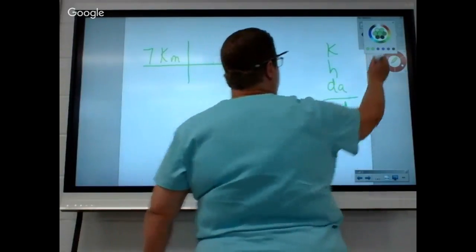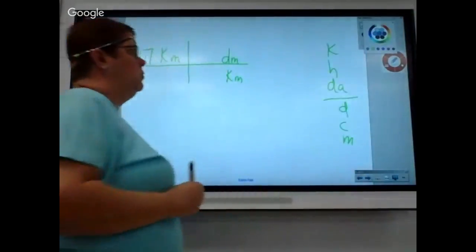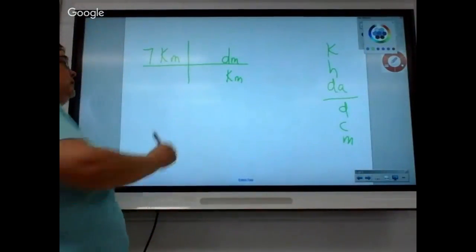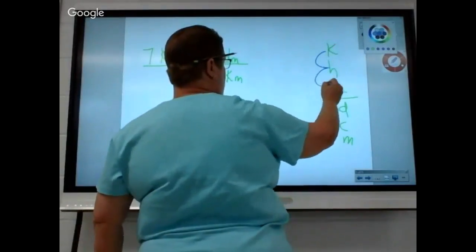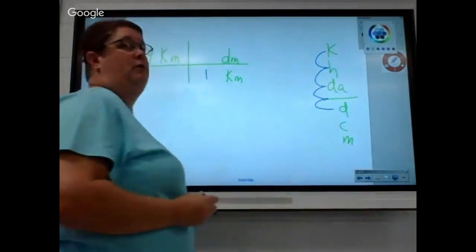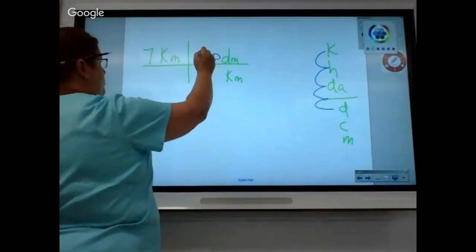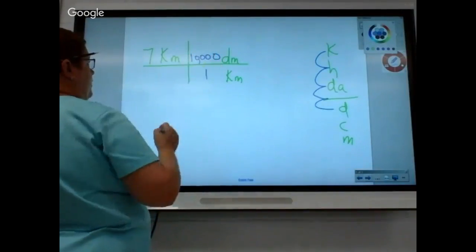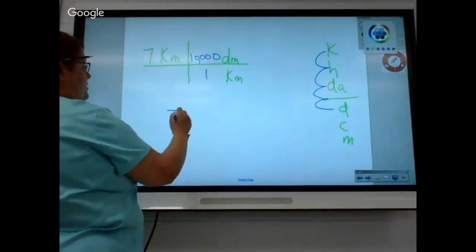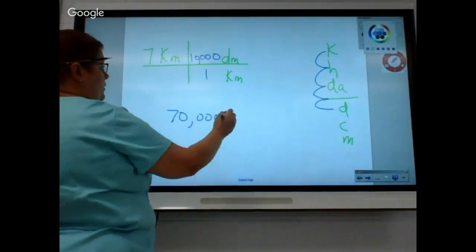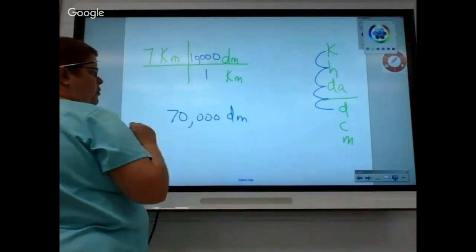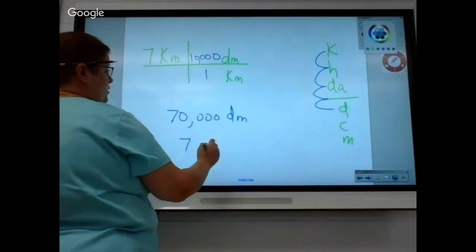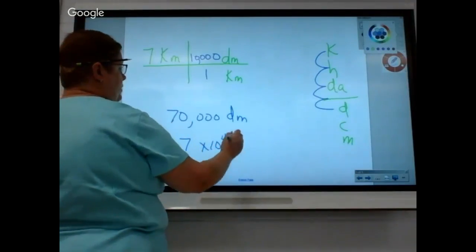All right, so who's bigger? And how many spaces between kilo and deci? 1, 2, 3, 4. So we got 10,000. So 7 times 10,000 is 70,000, which is 70,000 decimeters. And when you punch that in the calculator and switch it to scientific mode, you get 7 times 10 to the 4th decimeters.